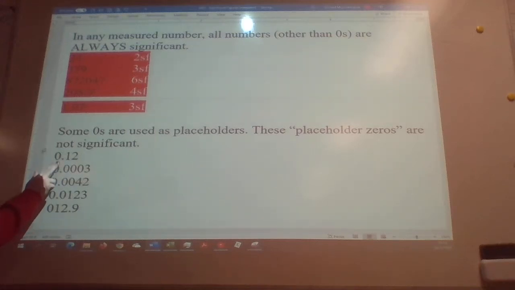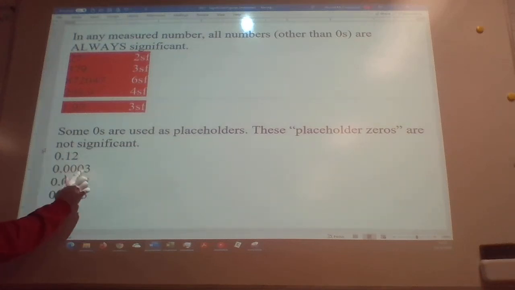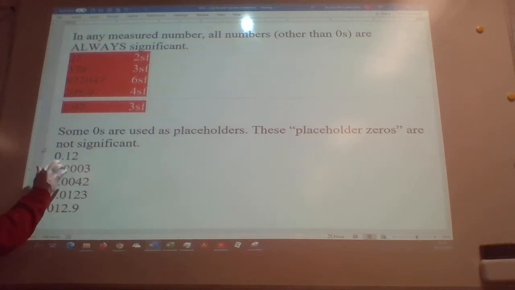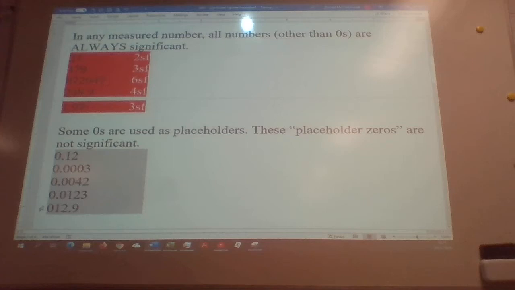A leading zero is a zero that comes before the digits of your number. So in this number, this 0 is a leading 0. In this one, all 4 of these are leading zeros. These 3, these 2. This one shouldn't be there. It makes no sense for this 0 to be here, so ignore that one. But all of these zeros are leading zeros, so they are not significant. They do not count as sig-figs. And so these all would have 2, 1, 2, 3, and 3 sig-figs.